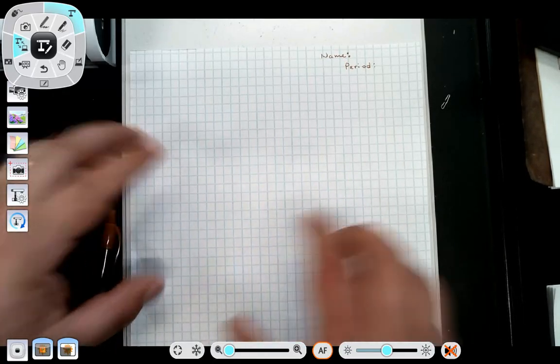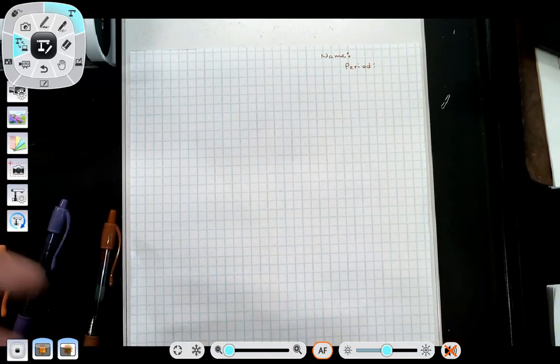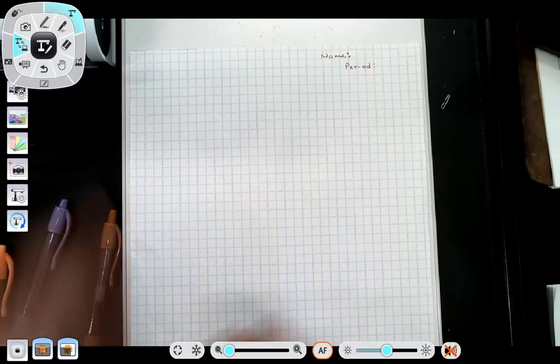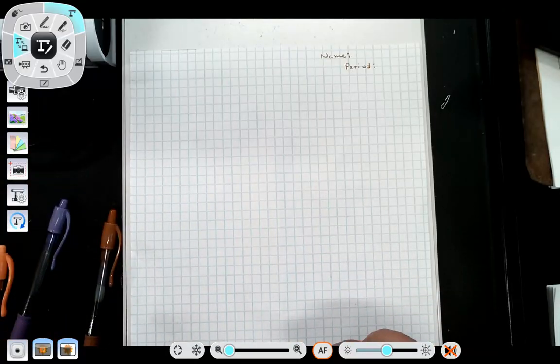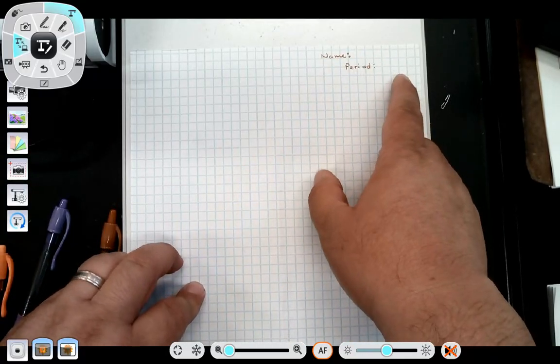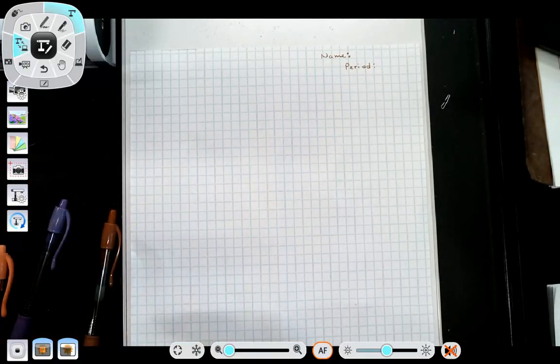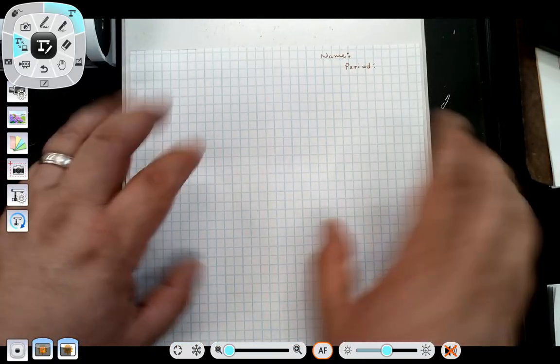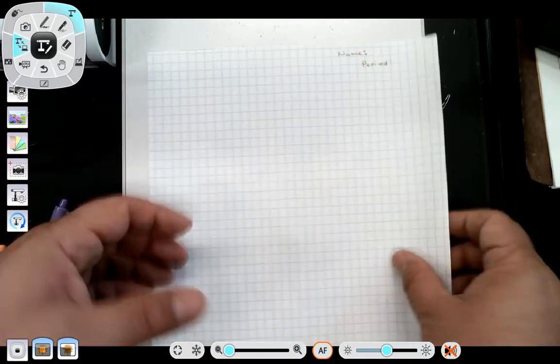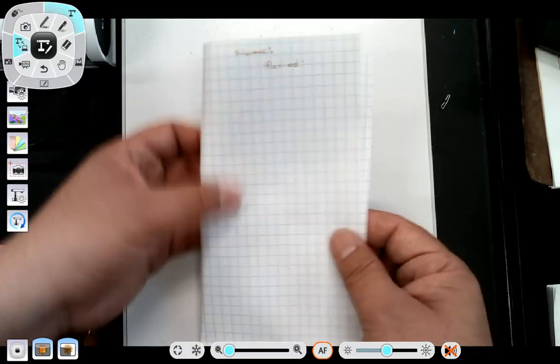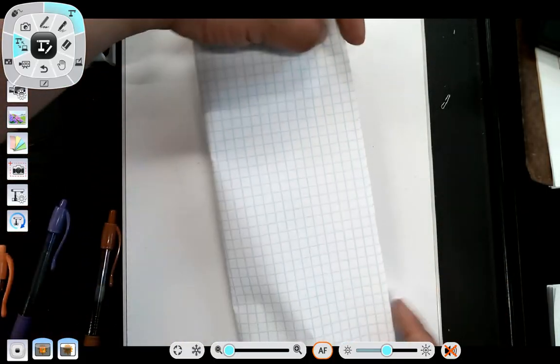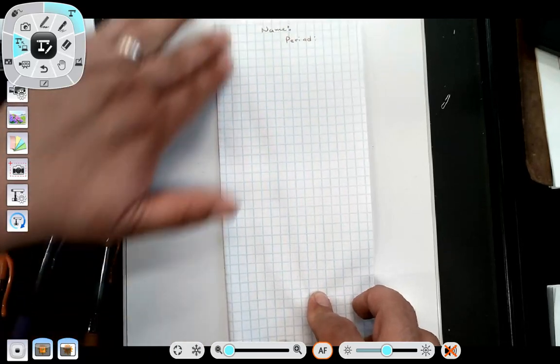But to space it out a little bit, here's what I need you to do. Put your name, put your period, and then eventually you're going to staple all the papers together. You're going to fold it in half, the long way. So we'll fold it in half like this.